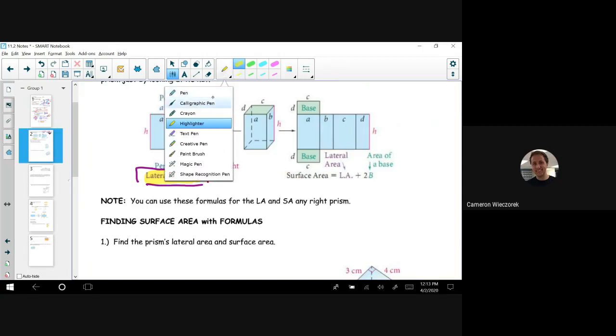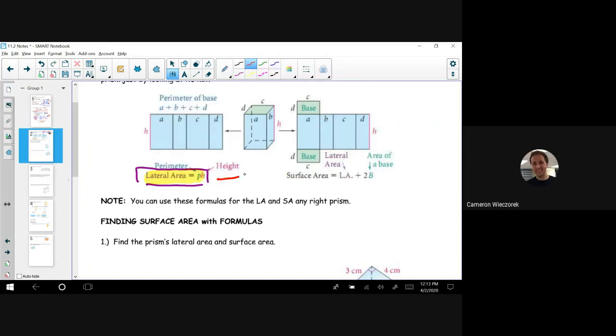So if you look at the prism that I have drawn here, it's a rectangular prism. The lateral area, if I consider the square on the top and bottom to be the bases, is telling you the area of all of the other faces, not including the top and bottom. And so how I compute it is I would find the perimeter of my base, add up all the sides of it, and then I would multiply it by the height of the prism.